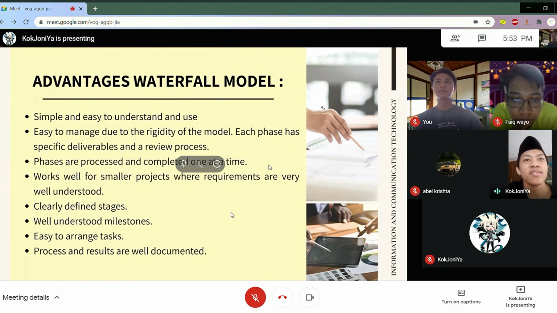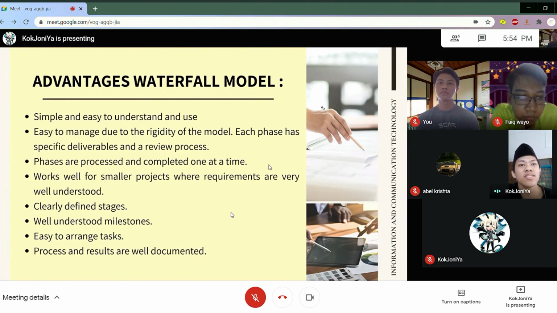Third, phases are processed and completed one at a time. Fourth, it works well for smaller projects where requirements are very well understood. Fifth, clearly defined stages. Sixth, well understood milestones. Seventh, easy to arrange tasks. And the last one is that process and results are well documented.